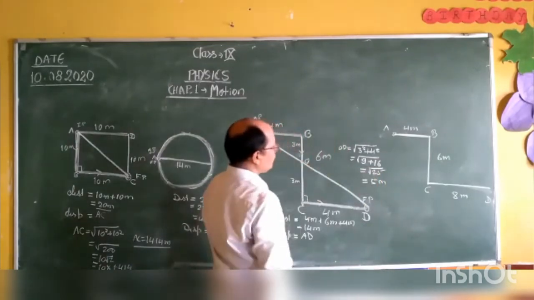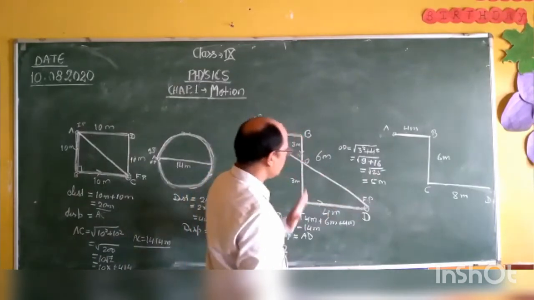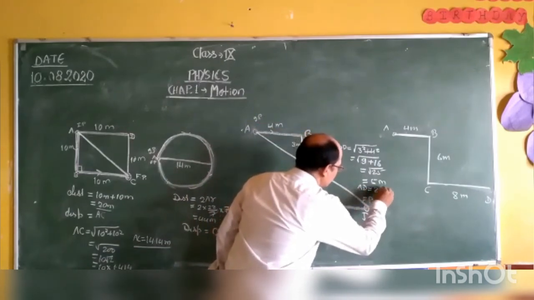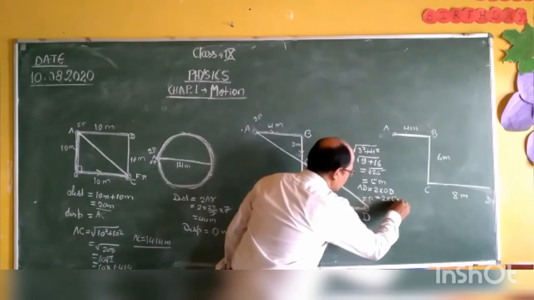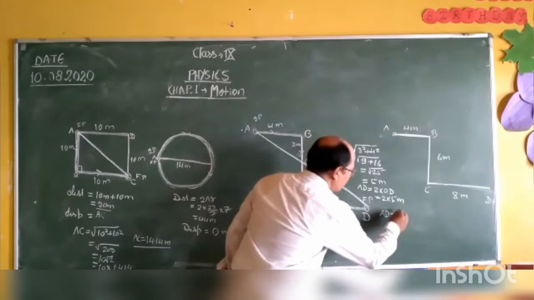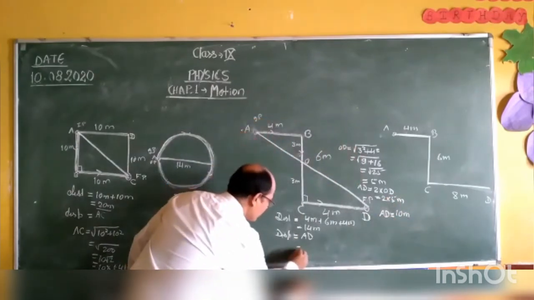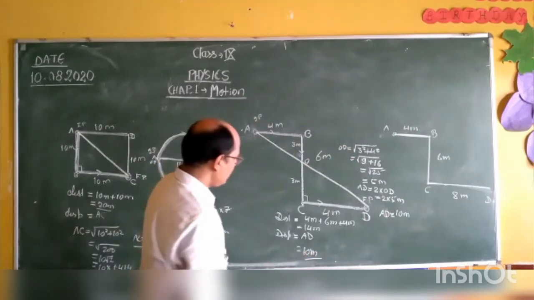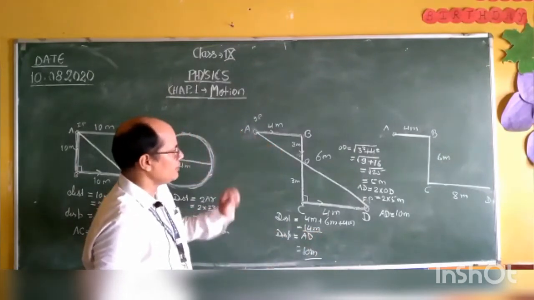It means OD will be 5 meter. Then what about AD? AD is our displacement. AD will be 2 into OD, the double of OD. It means 2 into 5 meter, so AD will be 10 meter. Therefore, the displacement will be 10 meter and the distance will be 14 meter in this case.